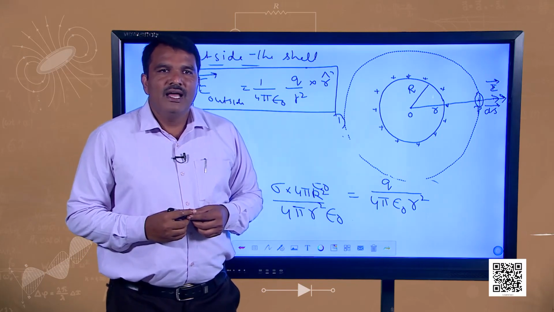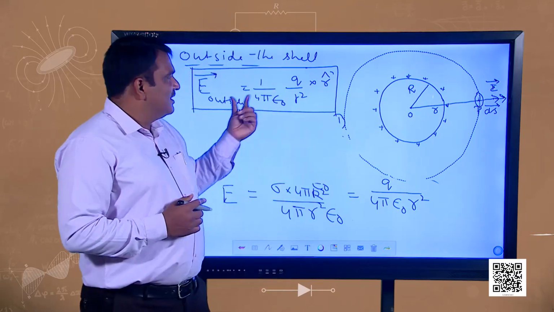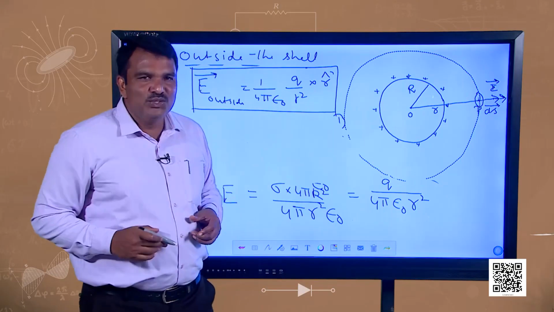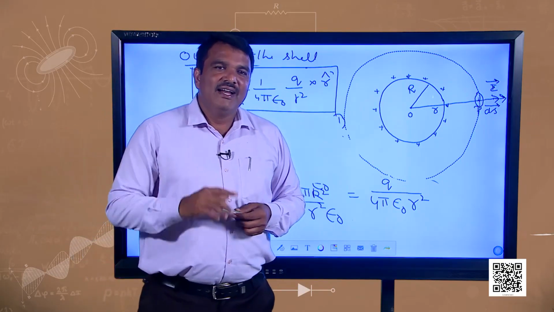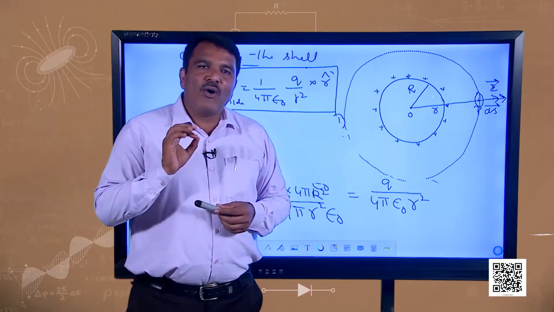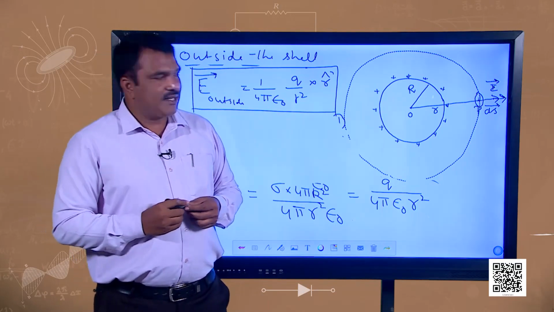Now have you ever seen this formula earlier? Think over it. Yes, you are thinking in the right direction. It is the formula of electric field due to a point charge q at a distance r from it.